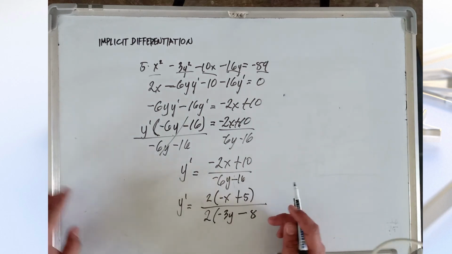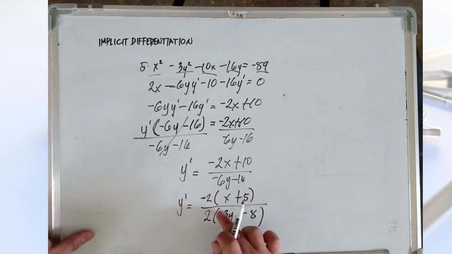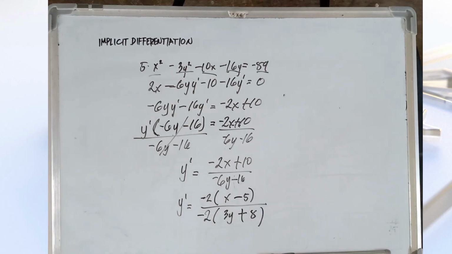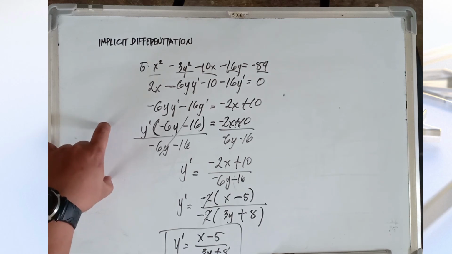Or we could also put your negative there, so the consequence is it becomes minus 2 and becomes plus. Then cancel this. Then we have your final answer, x minus 5 over 3y plus 8. So that's how simple it is, or that's how we apply implicit differentiation in evaluating implicitly defined functions. So that would be all.